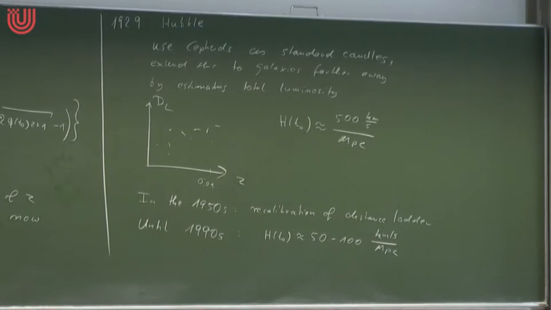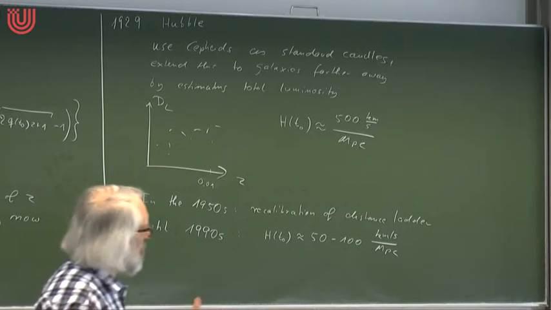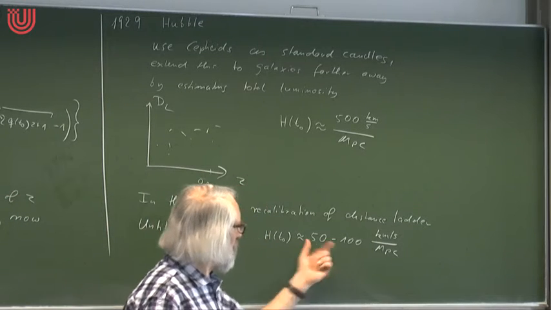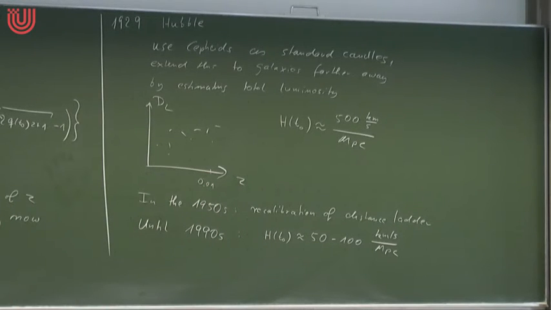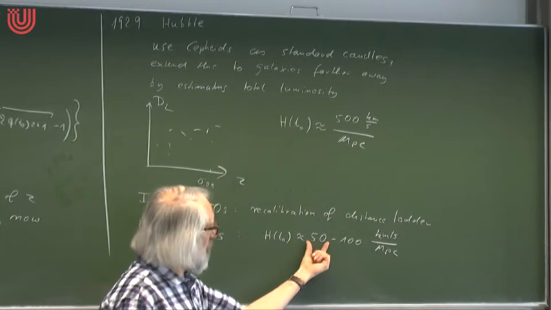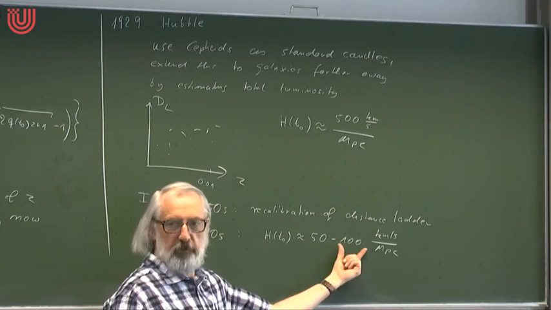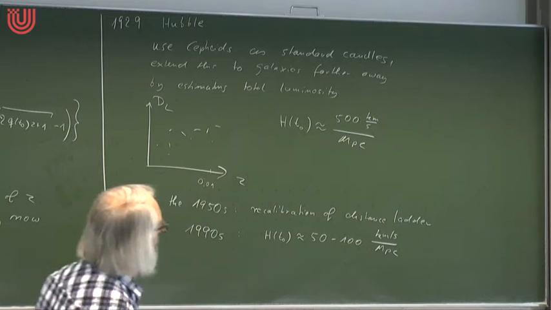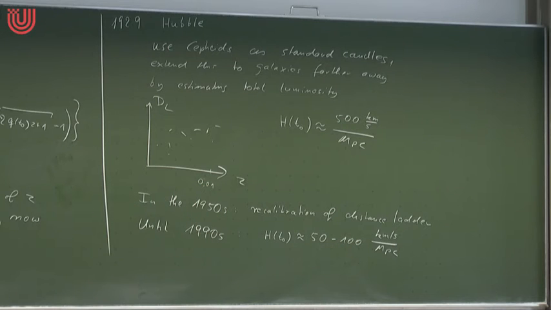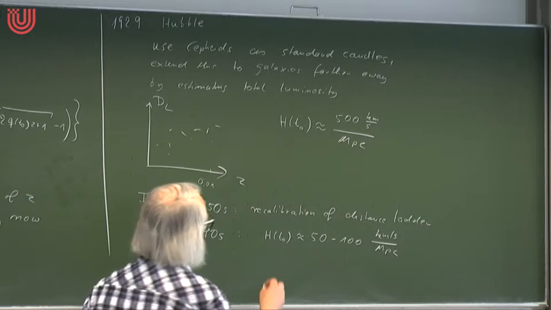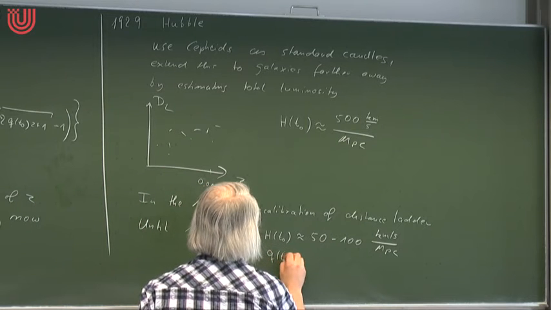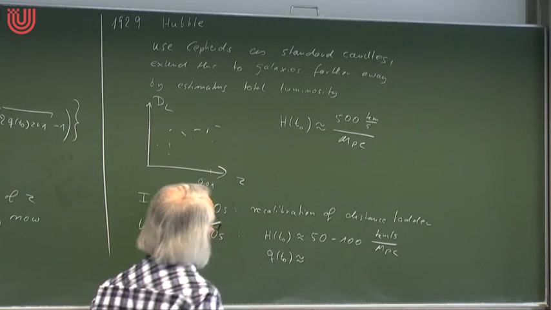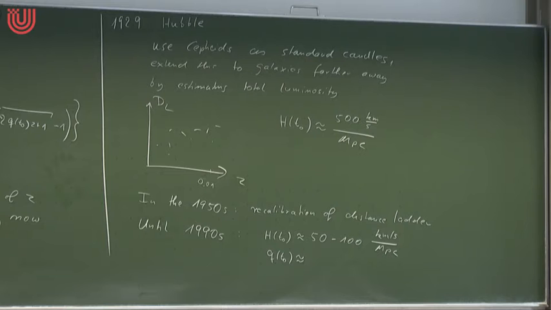And actually, similarly to the Shapley-Curtis debate in the 1920s, there was also a debate in the 80s or so, between people who advocated a value close to 50 and a value close to 100, and this was open over several decades.